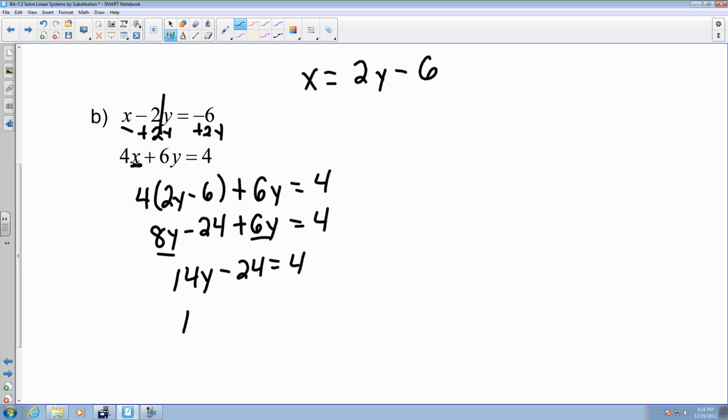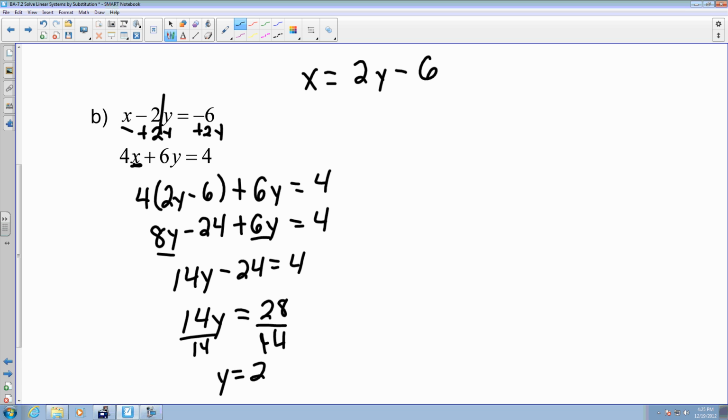So I'm going to add 24 to both sides, so it cancels out on the left-hand side, and 24 plus 4 is 28. Divide both sides by 14, which then gives me y equals 2.